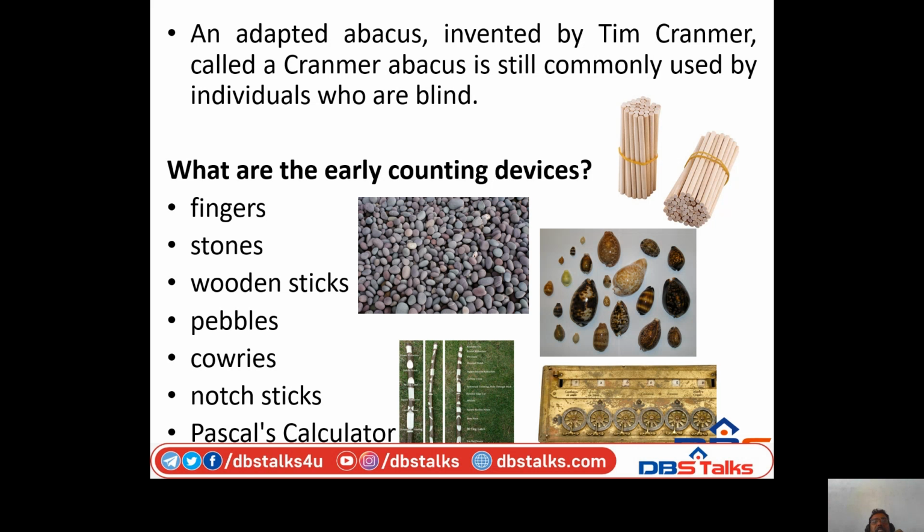An adapted abacus invented by Tim Cranmer, called a Cranmer abacus, is still commonly used by individuals who are blind.